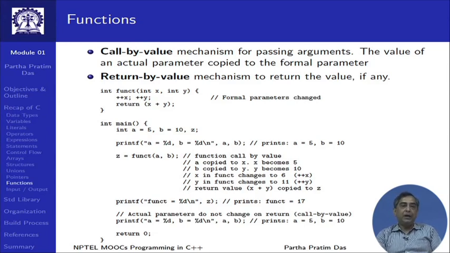I mean, in C the only way to return is by copying the value back, because at this point the function funct which was executing will get terminated after giving you the value. So, there is no other way than to keep a copy of that value which we have assigned to z here to get that value back. As we go to C++, we will see a different mechanism both for call by value as well as for return by value, which will be very, very powerful.